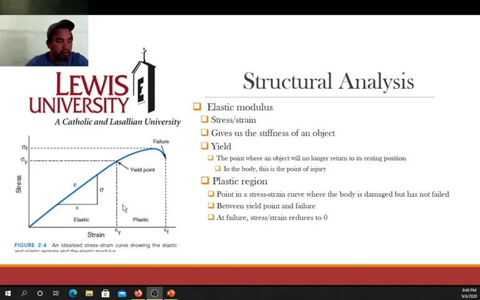It can handle some stress and some strain, some squeezing and some pulling. But at the point where this first dotted line is, that's what we call the yield point, where we start to get some damage within that structure.